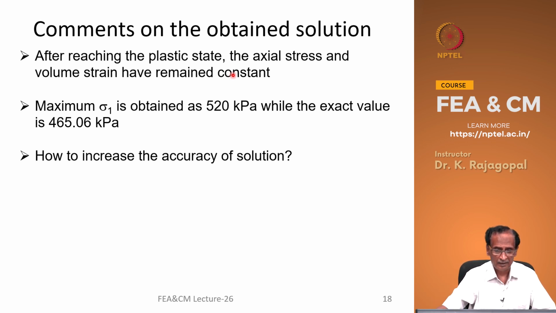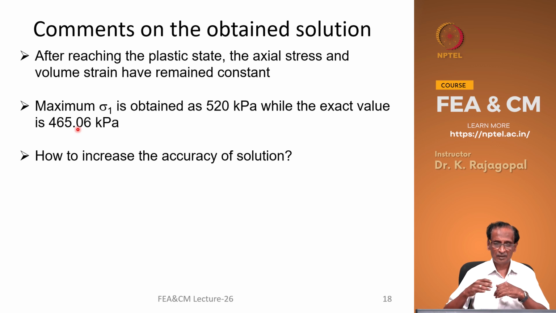But in this case, our sigma 1 obtained is 520, while the exact value is 465. There is a huge difference. In terms of percentage, it might work out to about 20%.